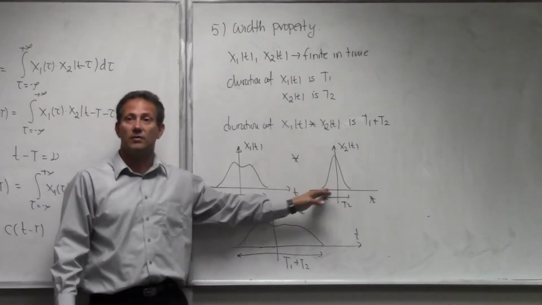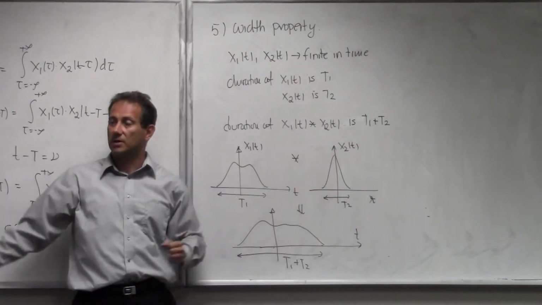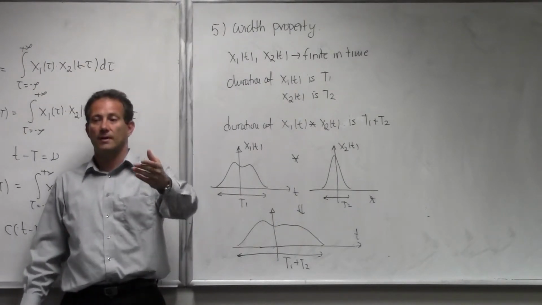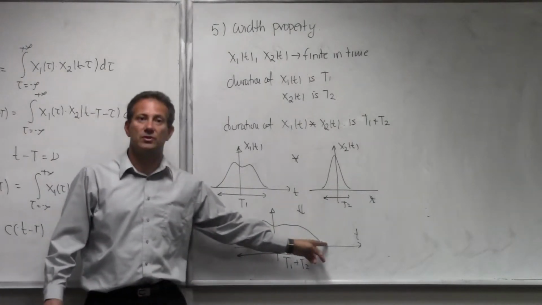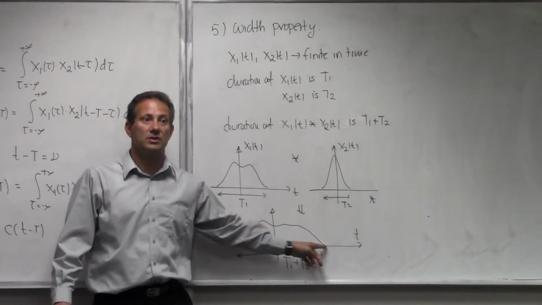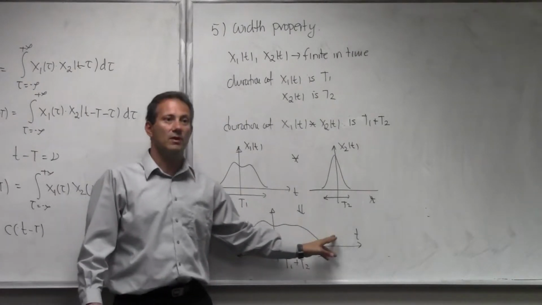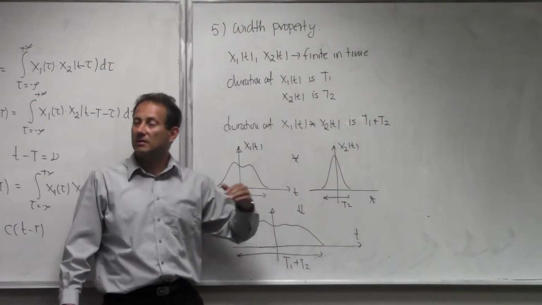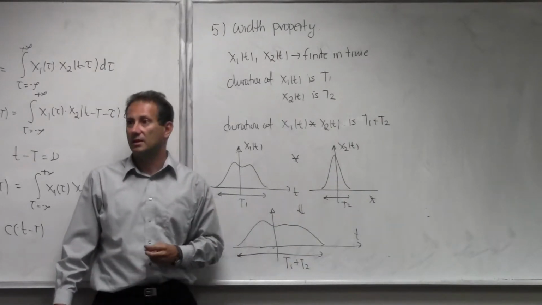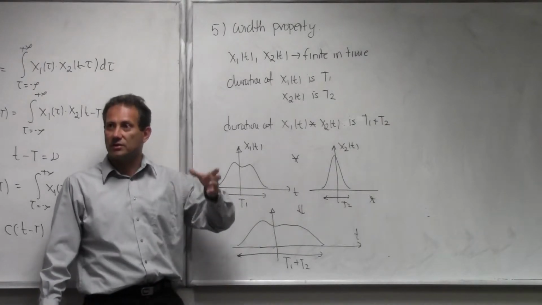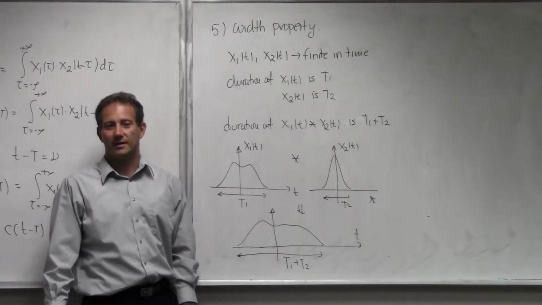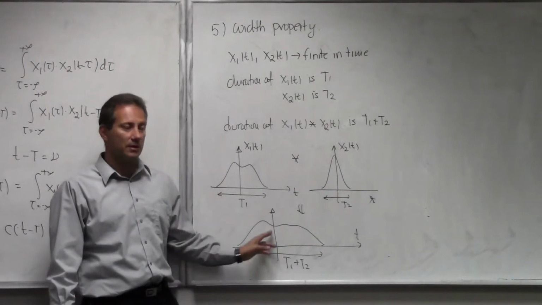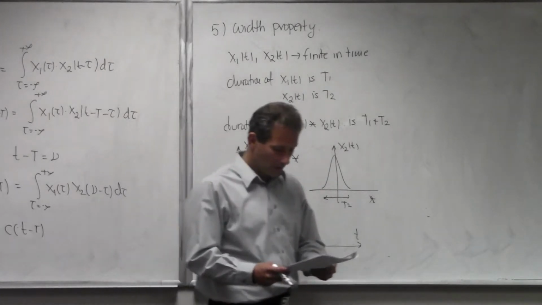Your h of t for the channel is pretty long. That puts a fundamental limit on your communication. So if I send you a symbol and it takes you 3 times the duration of the symbol to receive it, then I shouldn't really send you a new one, because you haven't finished the reception of the previous one. So that limits how many symbols per second I can send. That's just a first cut idea here, but we have a lot of ways of dealing with this and still preserving the symbols. But this is the physical meaning of this property.